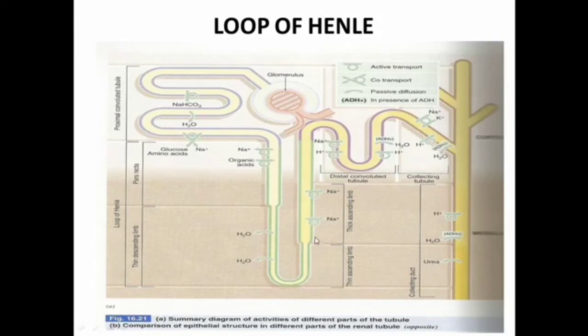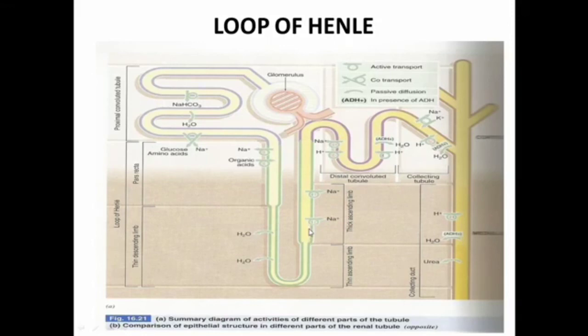So what is happening here? Now this thick ascending limb, I have already told you, is lined by simple cuboidal epithelium. And on the luminal surface of this simple cuboidal epithelium, there are small microvilli. What type of microvilli?